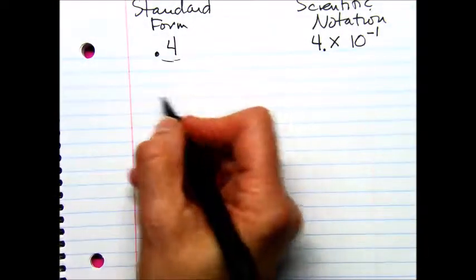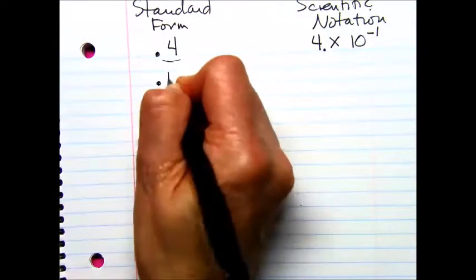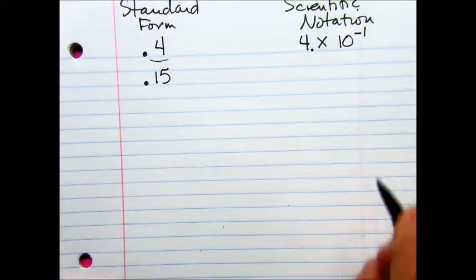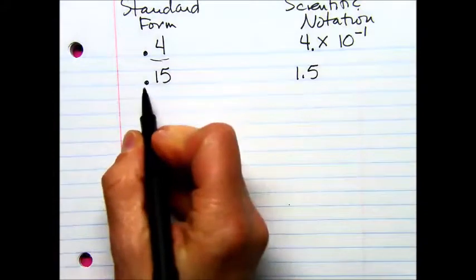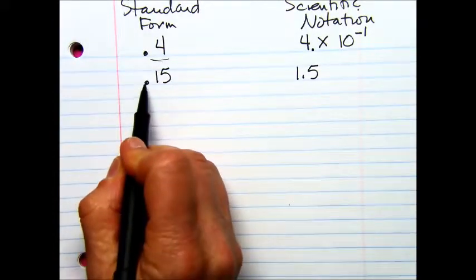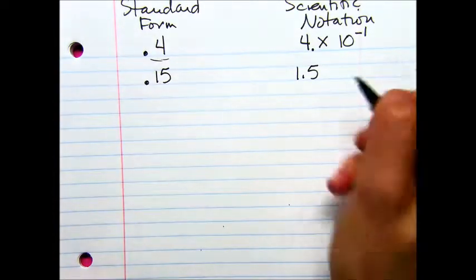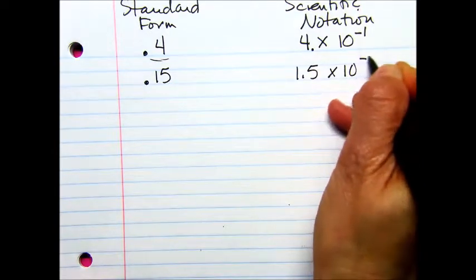Let's do another. Let's go to hundredths. So say we have 15 hundredths. That's going to be 1.5, and we're moving this 1.5 over 1 place, so it'd be 10 to the negative 1.